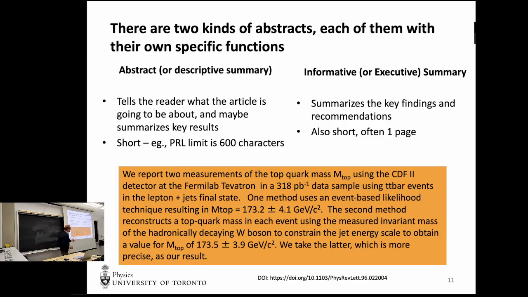But the importance of this paper was not just the value of the mass, but what it introduced was a technique for constraining the largest source of uncertainty in the measurement, what we would call the energy scale calibration of jets in the event. That had limited all of the measurements of the top quark mass up to that point, and at that point it had been measured for about 10 years.